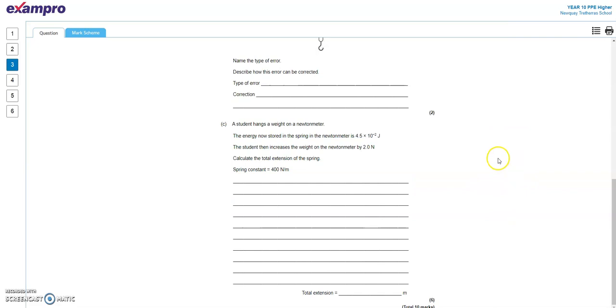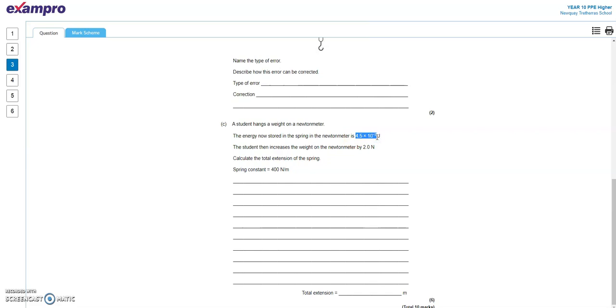So I know the spring constant equation, F equals kE, force equals the spring constant times the extension, and I know the energy equation for it. Energy equals half times k times e squared. So the energy equals half times the spring constant times the extension squared. So the first thing I can do, I can use the energy, 4.5 times 10 to the minus 2 joules.